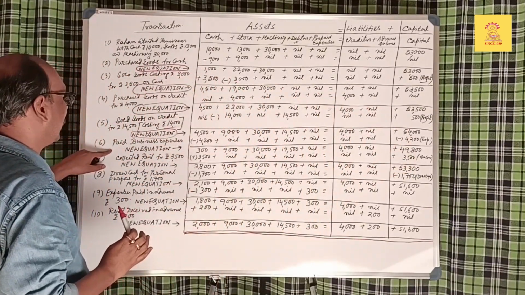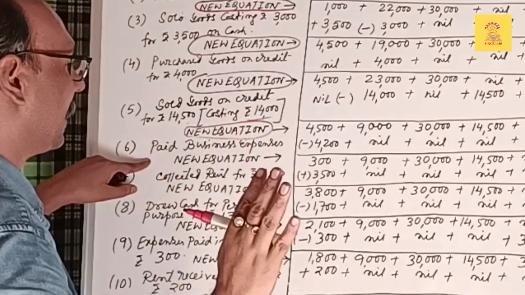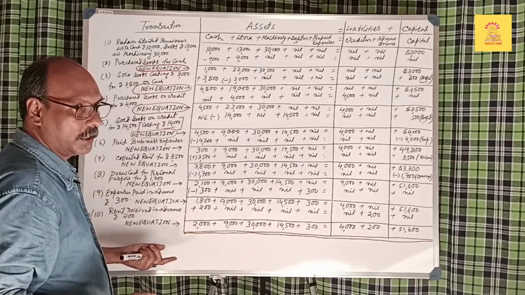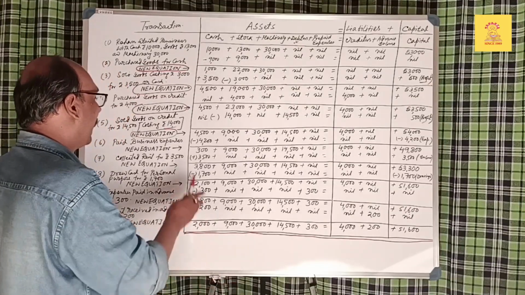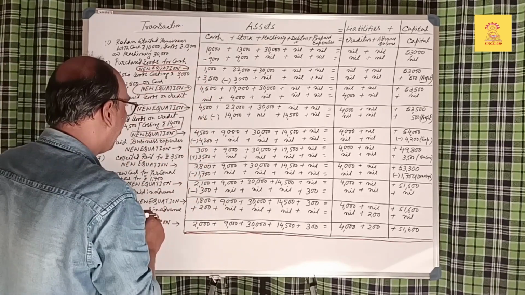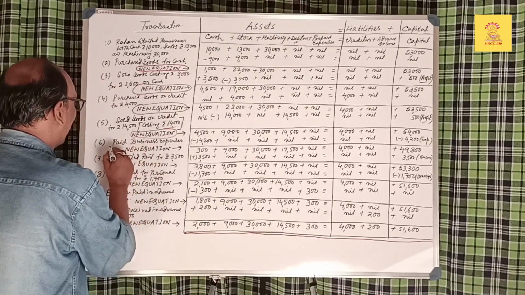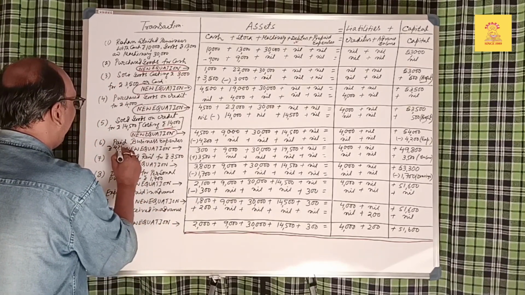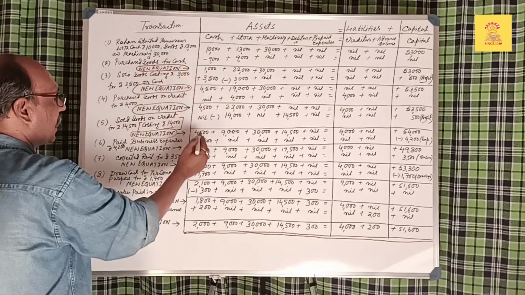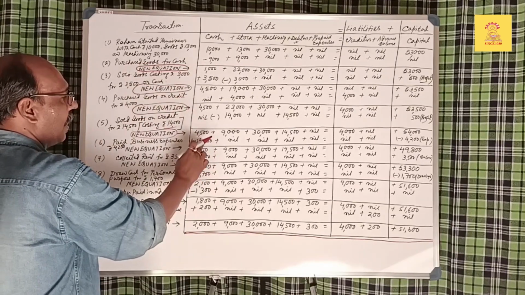The next transaction, paid business expenses. Anything you have incurred is, of course, paid through cash. So it reflects 4,200 from your cash, business expenses rupees 4,200. Cash position decreases, so 4,200 is subtracted from cash.